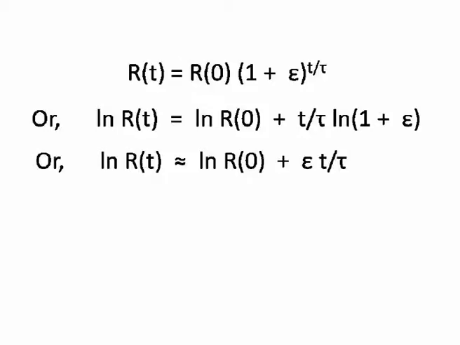So, this is ln of R 0 plus t by tau times epsilon. And therefore, R will be equal to R naught e to the power epsilon times t by tau. So, the rate changes exponentially. If this epsilon is positive, it grows, if epsilon is negative, it goes down, but it goes exponentially, and the rate changes very fast.